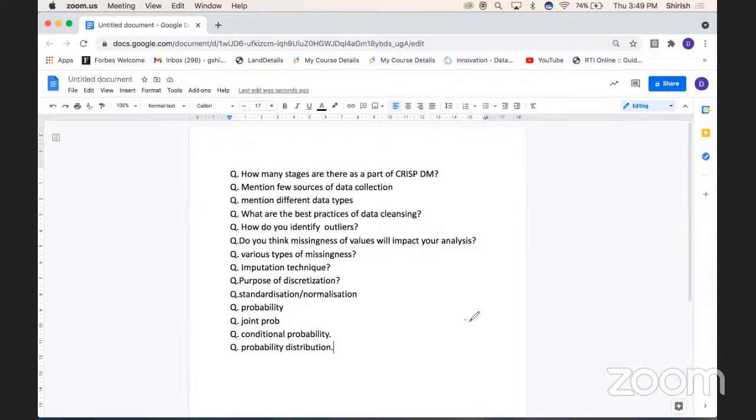So for a probability distribution, the possible values are plotted on a plot where you have your event on the x-axis and y will be your probability.